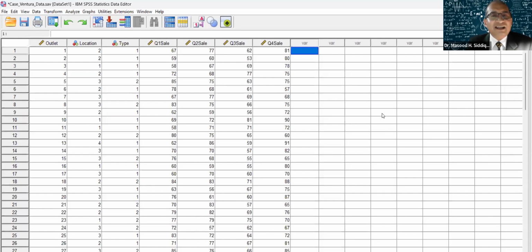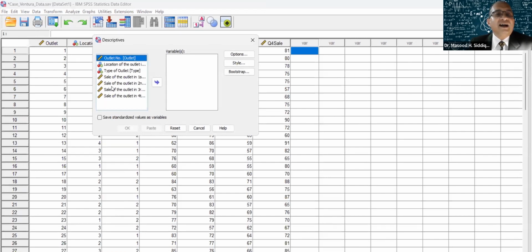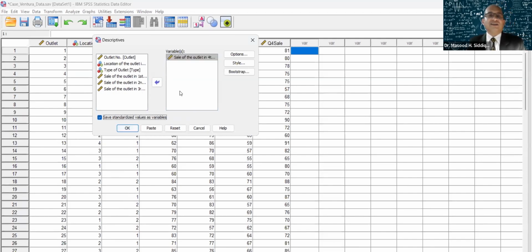And if our data is not normal, we can make it normal also. We can convert them into the Z scale. How can that be done? We go to Analyze, then we go to Descriptive Statistics. In the Descriptive Statistics, we have an option of Descriptives. And suppose we want the standardized values. We want to convert that into Z, right?